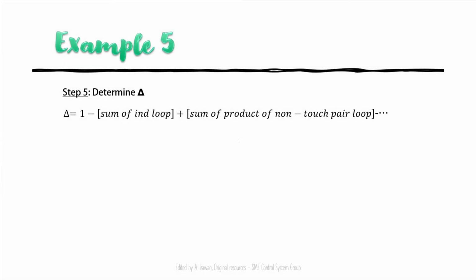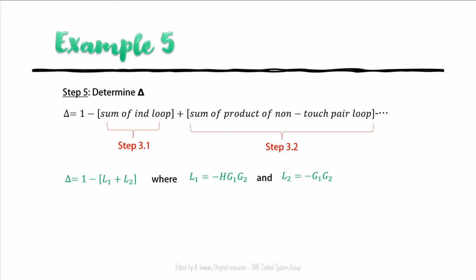So we go back to the delta formula. The delta formula wants the sum of the individual loops and the sum of products of non-touching pair loops, and so on. The sum of individual loops we can get from step 3.1, and the sum of the product of non-touching pair loops we can get from step 3.2, which is, no, we don't have non-touching pair loops.